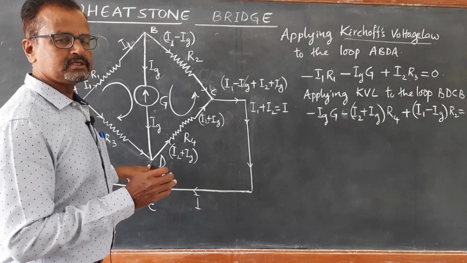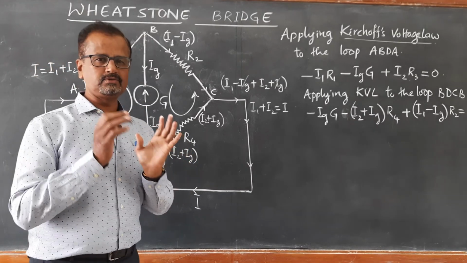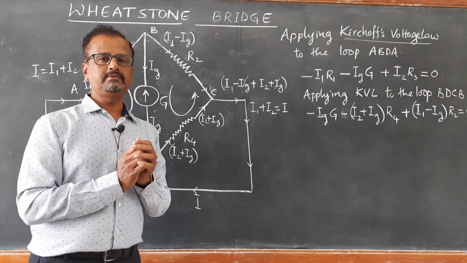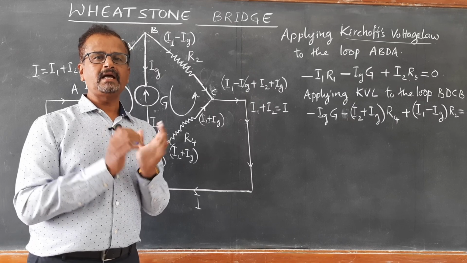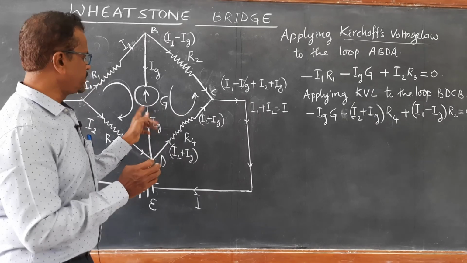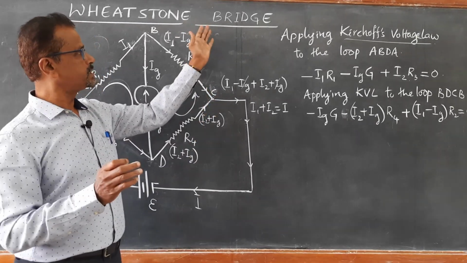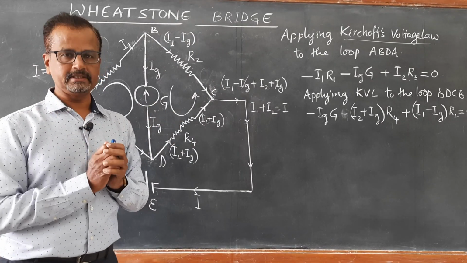When the potential difference becomes 0, no current flows through the galvanometer. So that is one adjustment which we call balancing the bridge. At that moment, when the galvanometer reads 0 deflection, the Wheatstone bridge is said to be balanced.